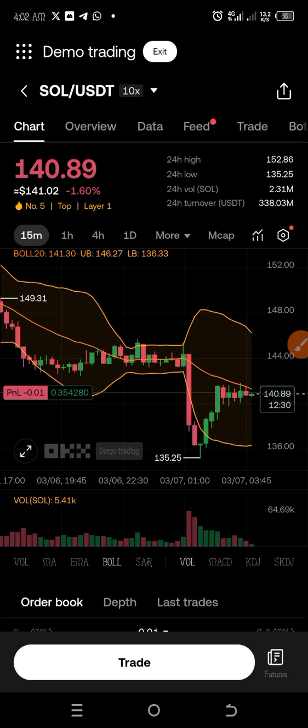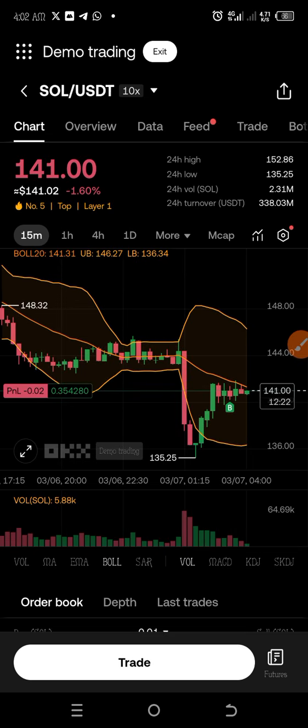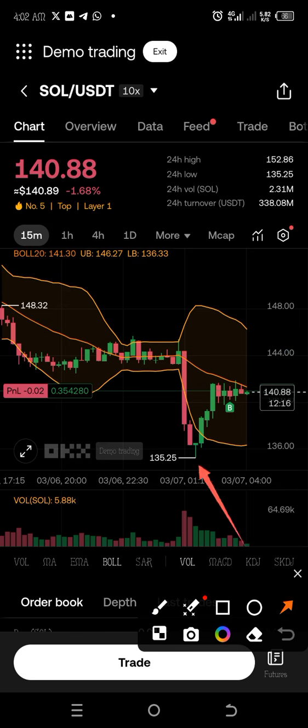So all you need to do is buy from here. You see, I bought from here and the price increased, and there is a little profit. Once you buy from here, and you also buy from here and sell to here, you will make a lot of money doing spot trading.